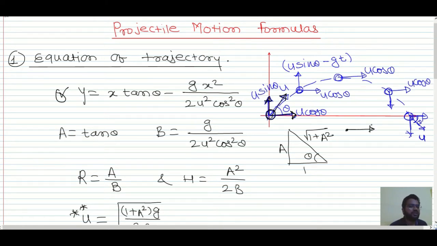Because g is perpendicular to the horizontal component u cos theta, and this perpendicular force can change the direction, but the magnitude will not be changed by this.